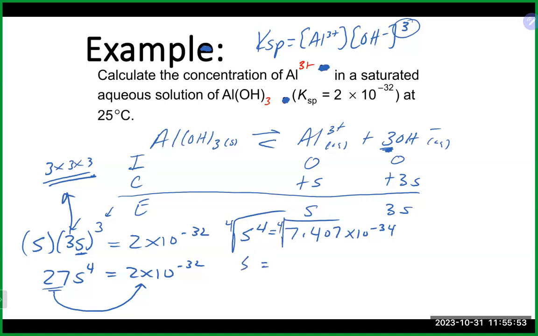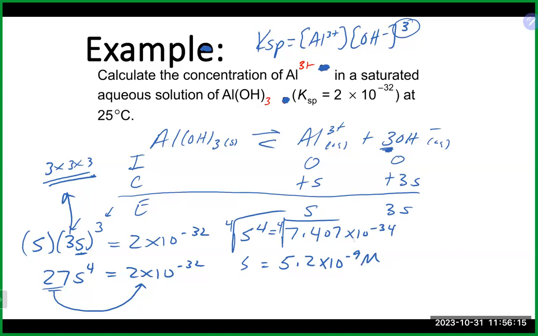If you do that, that's going to get you 5.2 times 10 to the minus 9 molar, which would be our molar solubility.